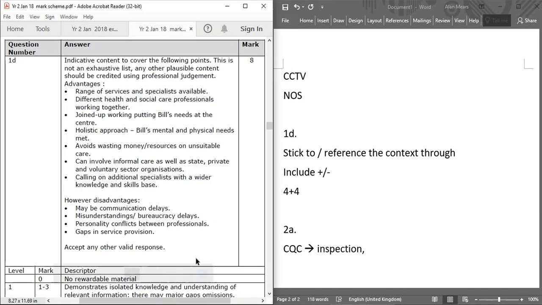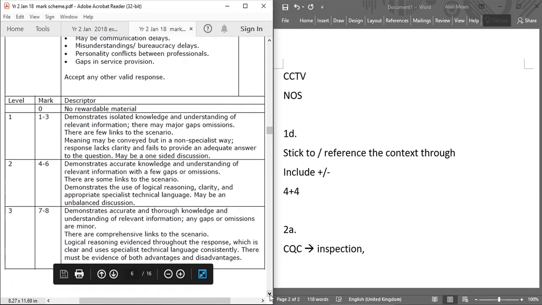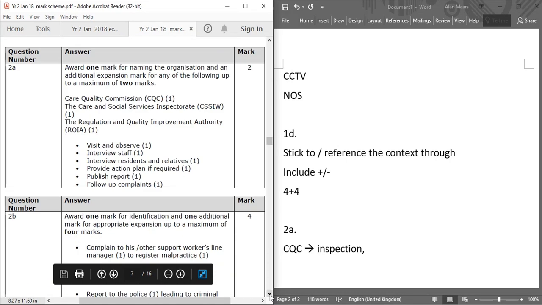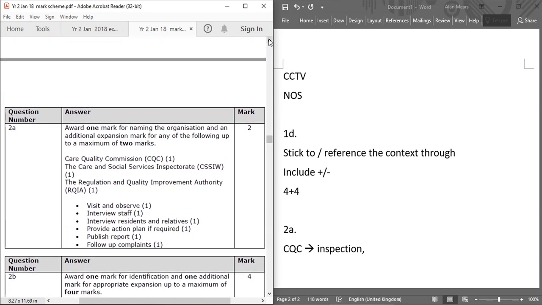Now, looking at the mark scheme, we'll just see this here. It mentions the CQC, the Care and Social Services Inspectorate, and the Regulation and Quality Improvement Authority. Now, these are lots of different services, and you'll know from studying section B in the Unit 2 topic, and I've recently released a video on this, that the UK is broken into 4 parts: Scotland, England, Wales, Northern Ireland.